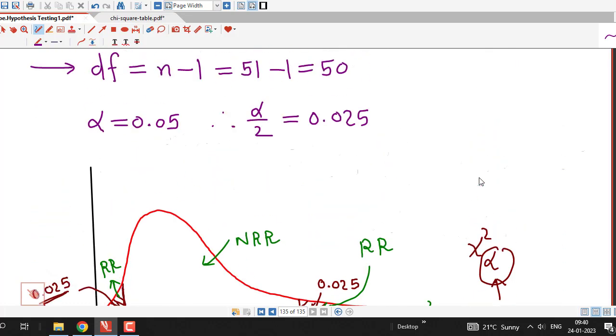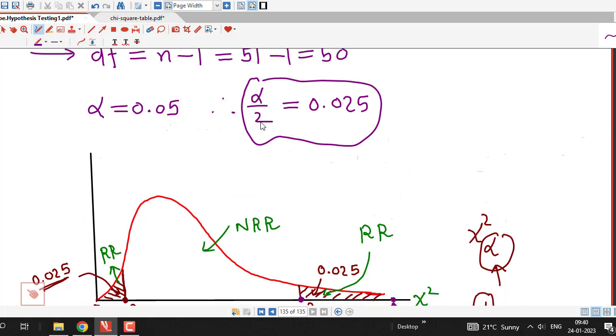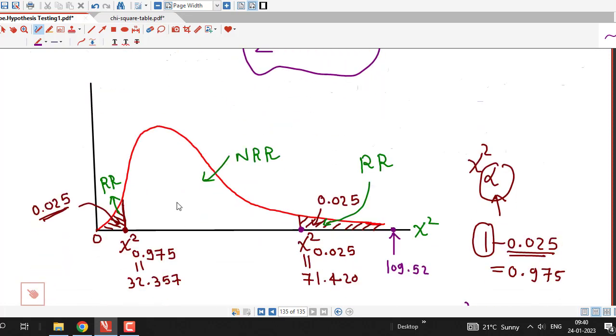This is very easy. You just have to be careful that here we have a two-tailed test. Therefore we are dividing our given significance level 0.05 into two equal areas of 0.025. To find this critical point, we look for 0.025 area and 50 degrees of freedom.